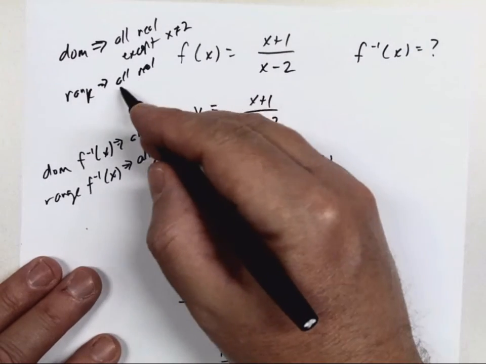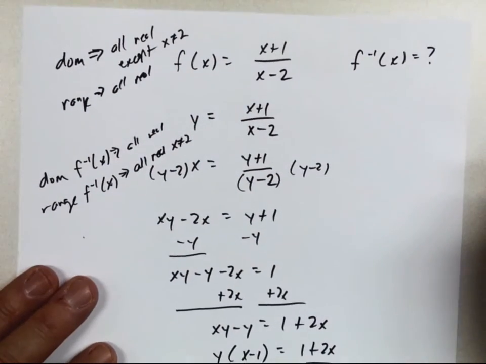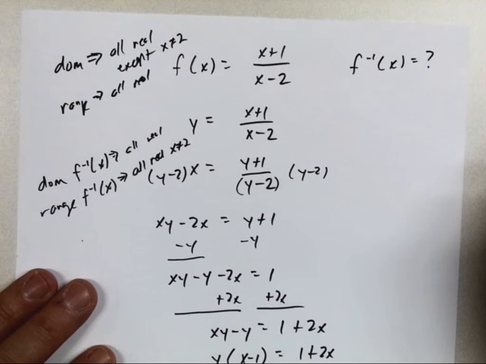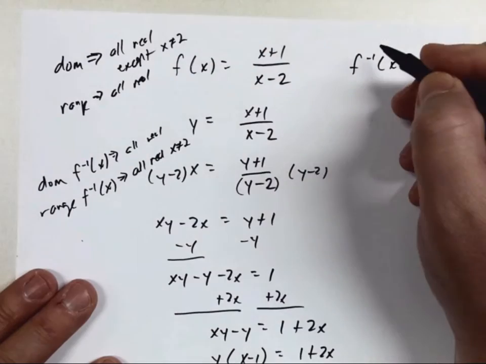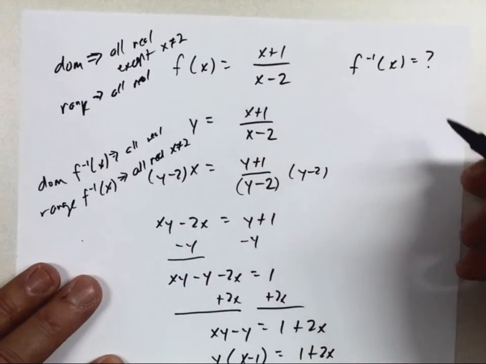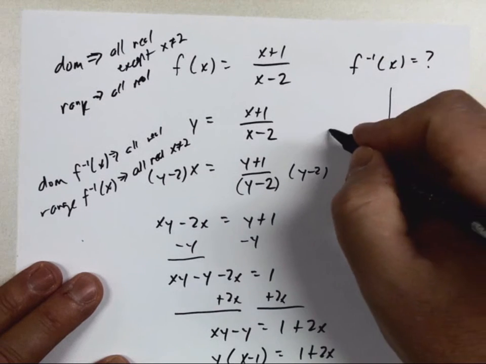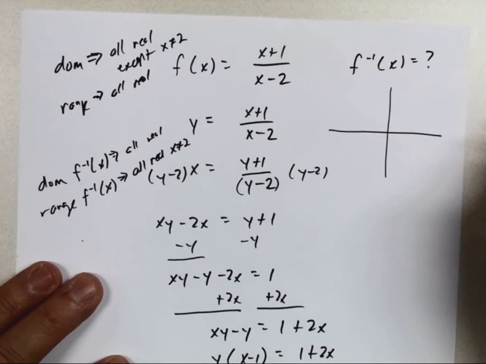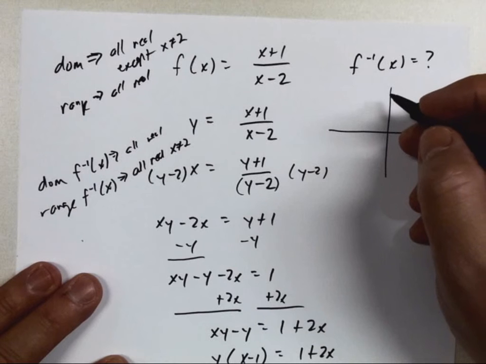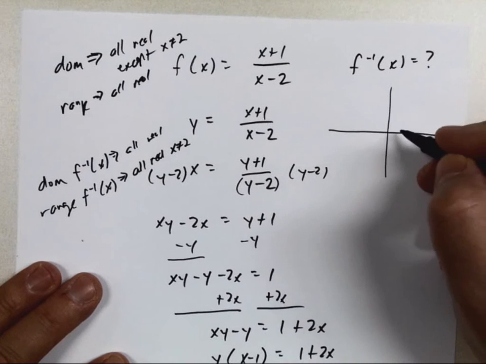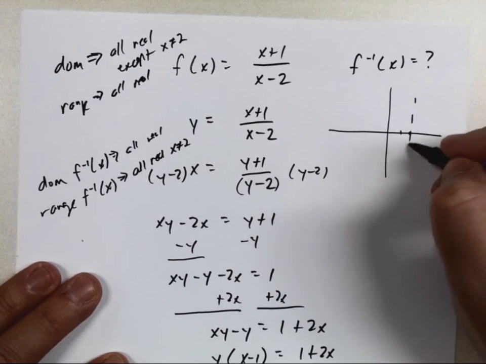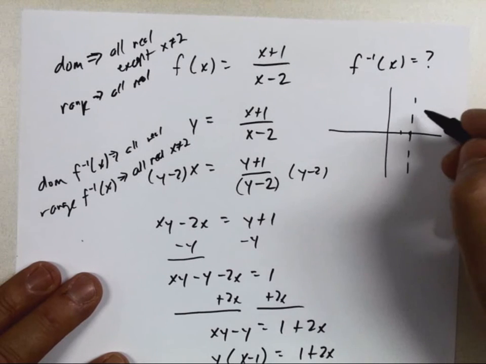I think my problem is I assumed my range was all real, but I guess I cannot. You know what happens if you graph this? Here's my mistake. See, I tried to do this on the fly. I think if you graph this, I think the graph looks like this.